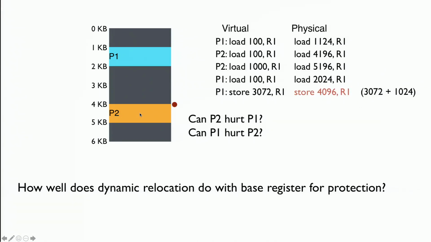For example, if P1 does a store to this decimal number, which I will not usually use, but I have decimal in here, if we do a store to logical address 3072, it adds the base of 1K to that, and so we end up doing a store at this physical address here, which is in P2's space. So just having a base is not a good solution. We are not protecting one process from another.